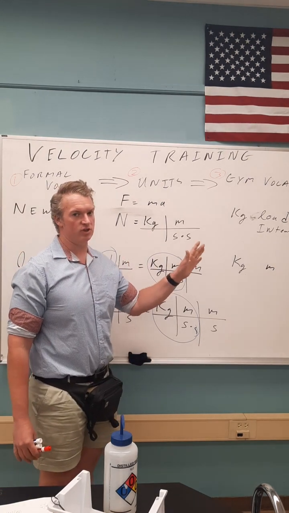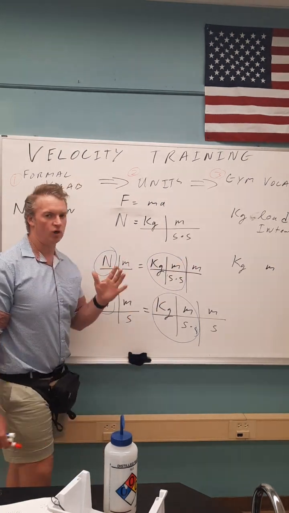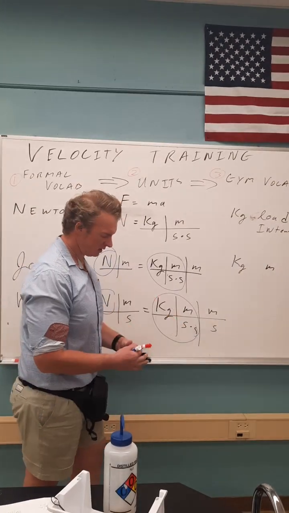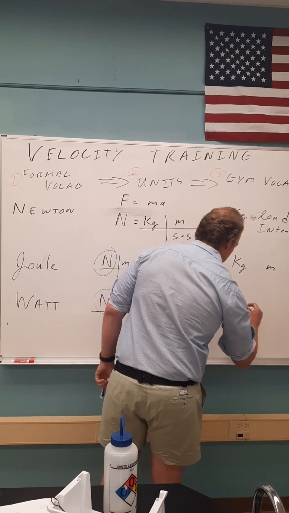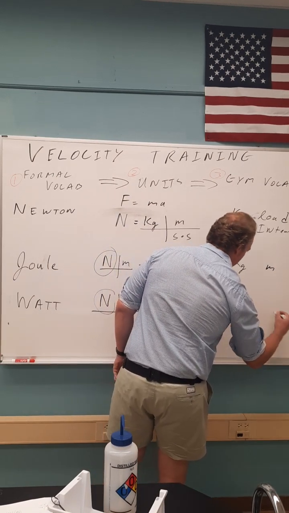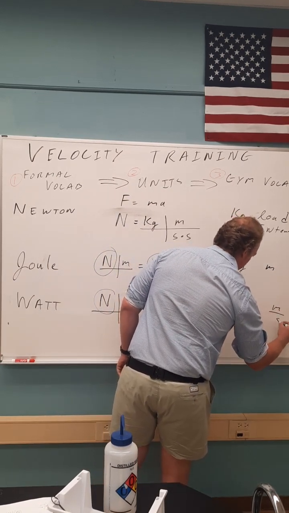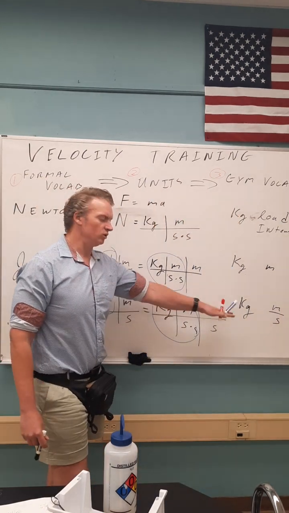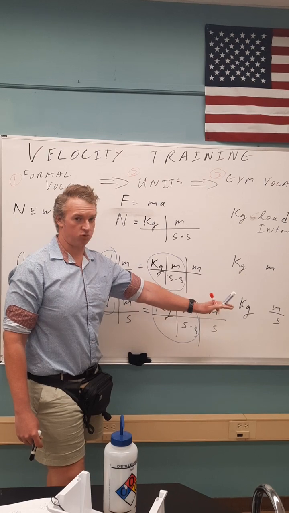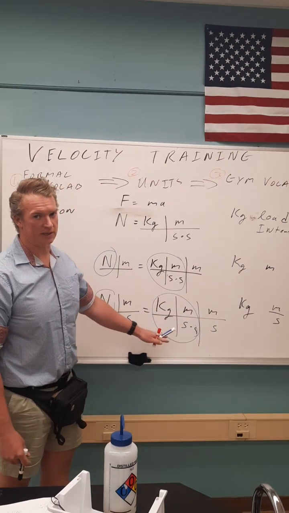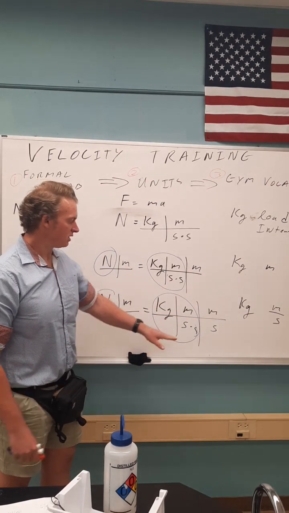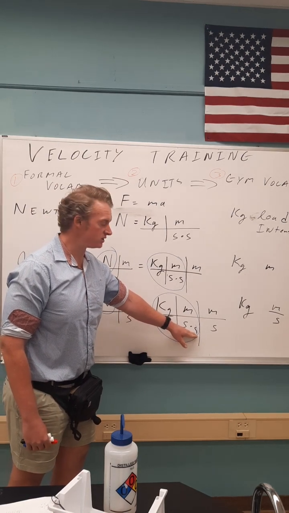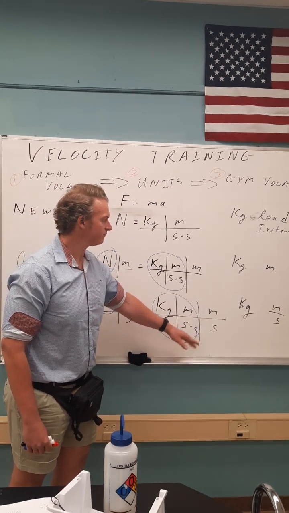In the gym vocab, all you need to know is the load on the bar and the velocity of the bar, meters per second. You can use only those two numbers as a proxy for calculating the wattage, because the effect of gravity is consistent every day, all the time.